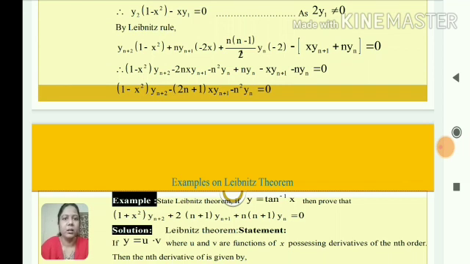Here we see which terms get cancelled: n yn plus n yn minus n yn get cancelled. So we have the answer: (1 minus x square) yn plus 2, minus, for the term yn plus 1, x into yn plus 1 is common, and in the bracket we have 2n plus 1, and the term of yn is minus n square into yn, equal to 0. So we have the answer here.